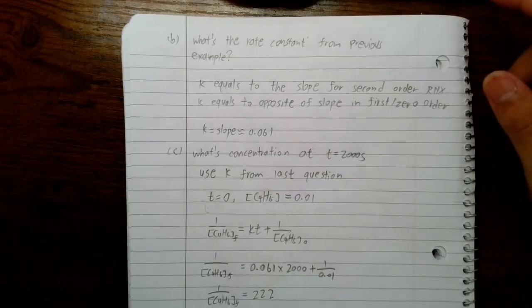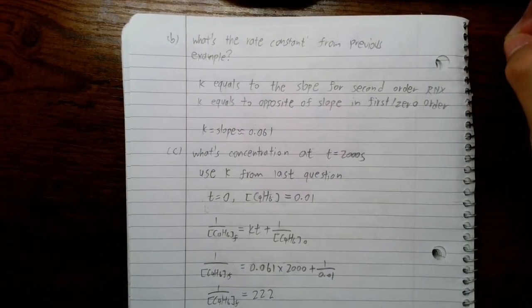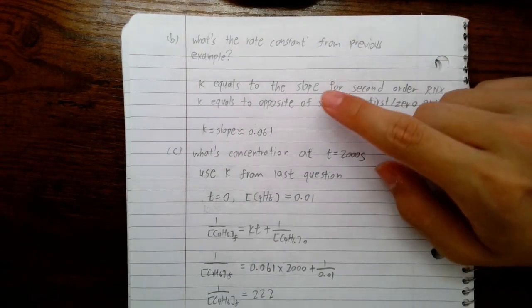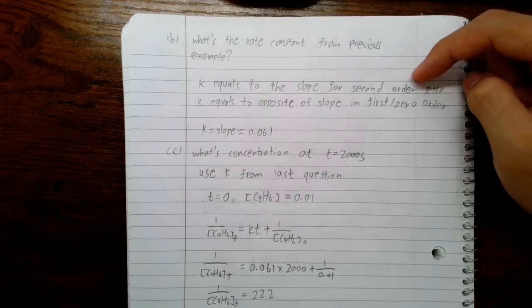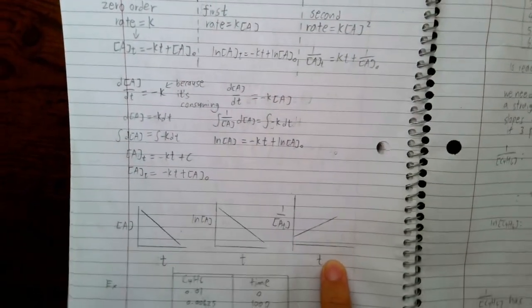And another thing that the AP exam could ask you to do is calculate the rate constant from the reactions table. So for the second order, we know that it's positively related to the 1 over concentration.